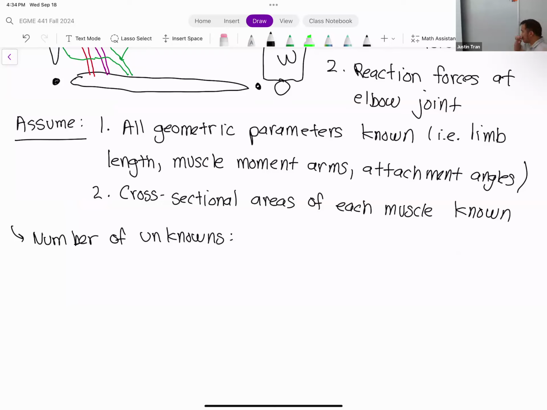Okay. So we have three muscles that we need to solve for their forces, so that's three muscle forces. And then we have two reaction forces at the elbow, the reaction force in the X direction and the reaction force in the Y direction.